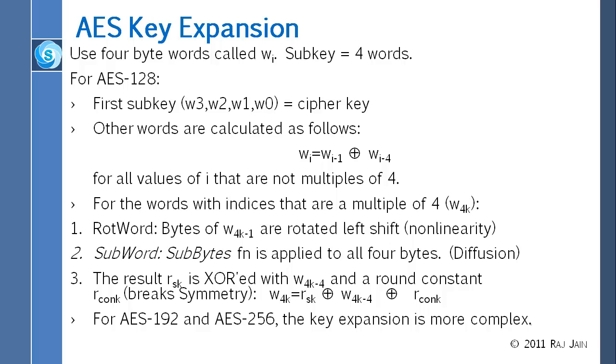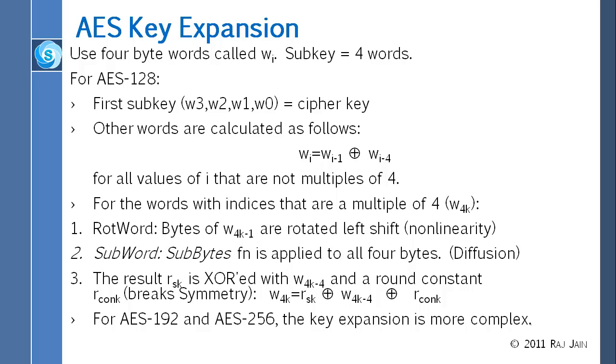Then if it is not a multiple of 4, so round number 1, 2, 3, 5, 6, 7, 9, 10, 11, 13, 14, 15, if there is a 15th round, they use this formula. All you do is exclusive OR word i minus 1 with word i minus 4, and you get the ith word.